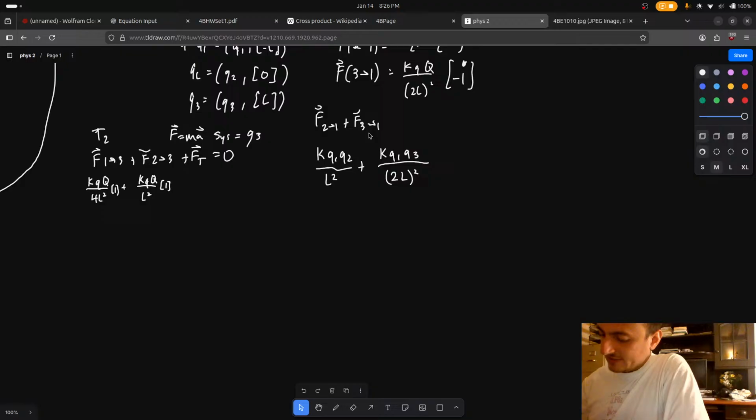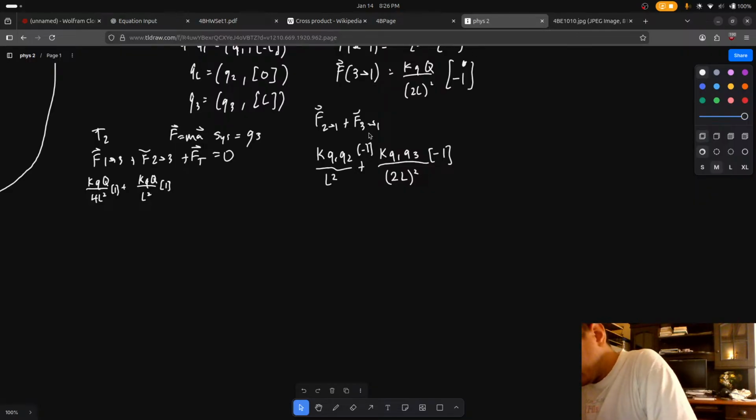But the thing is, this is a -1 in here, and this is a -1 in here. So I guess we just have to leave it like that because the charges aren't equal. Well, we can at least do this.